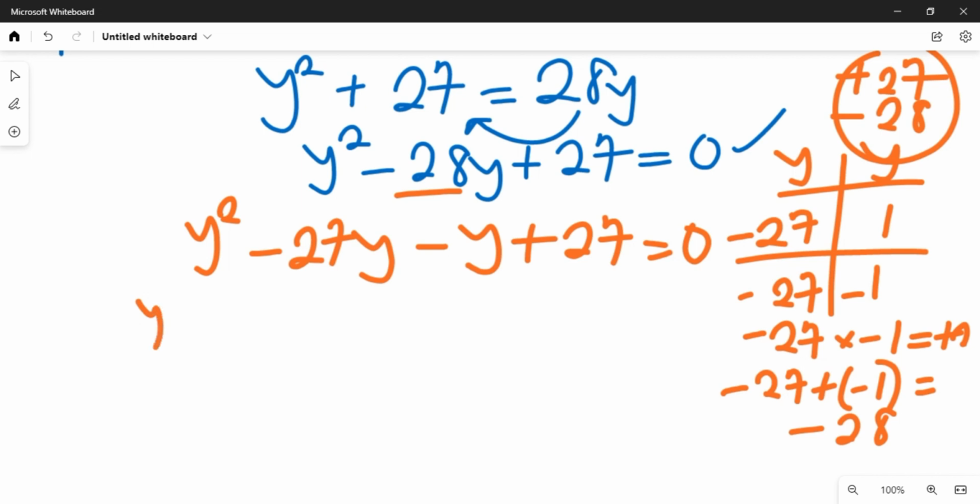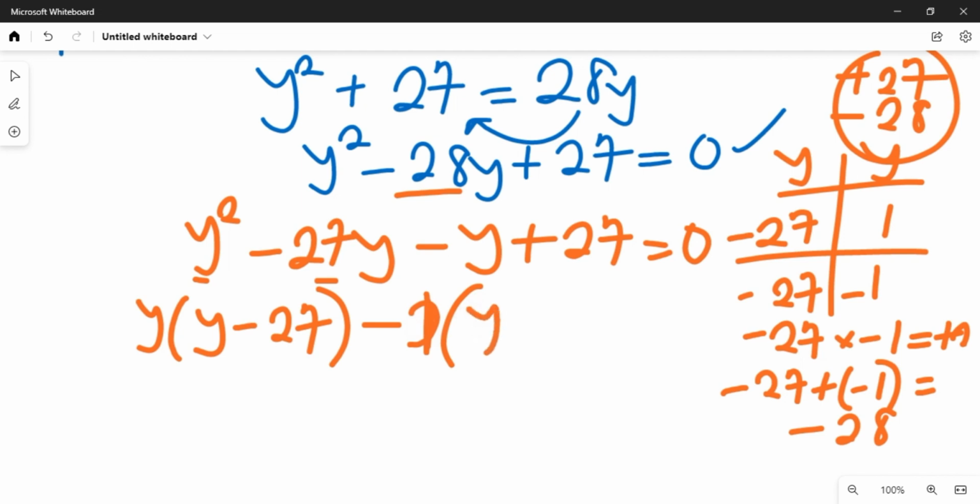So we'll have our y, open bracket, which is common between these two terms. This will be minus 27. Then we'll have 27. We'll have a common term here, which is 1. 1 is common.